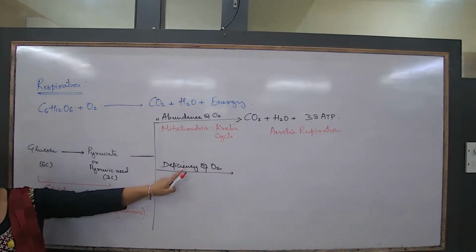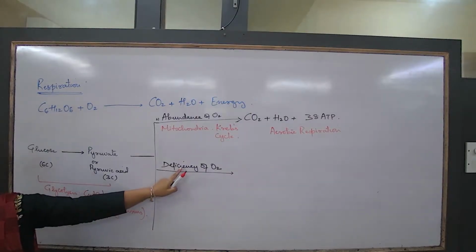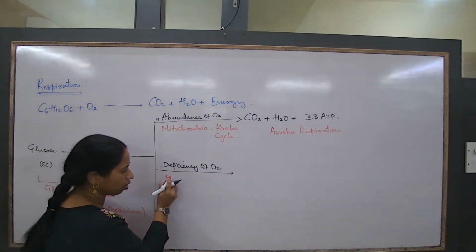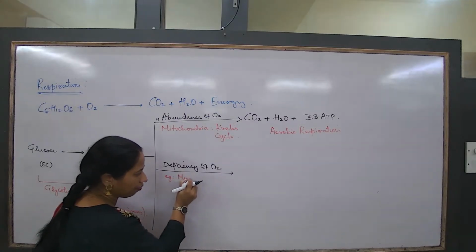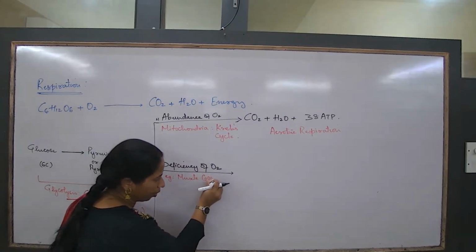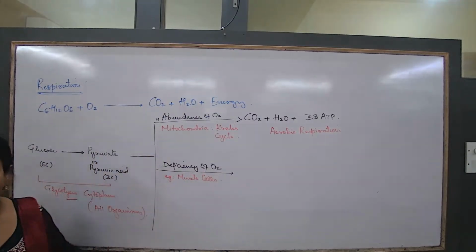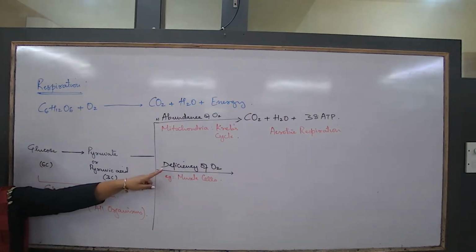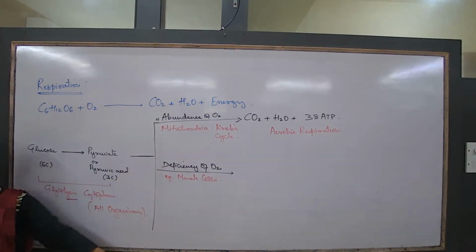Let us talk about some examples like the muscle cells of our body. Yes, sometimes, and this is a temporary phase, remember, when in our muscle cells there is deficiency of oxygen, lack of oxygen, then what would happen?